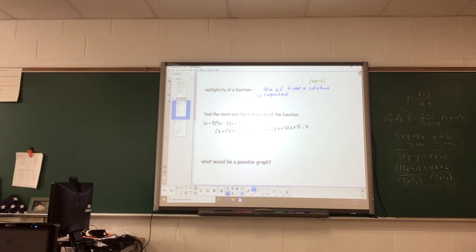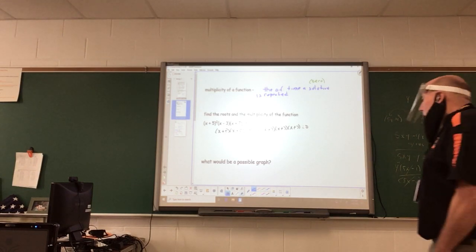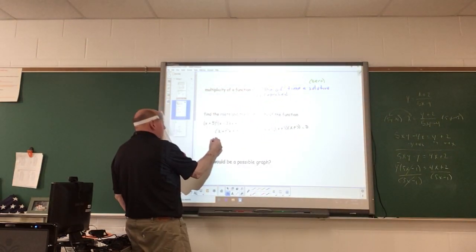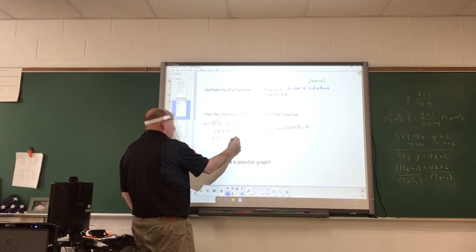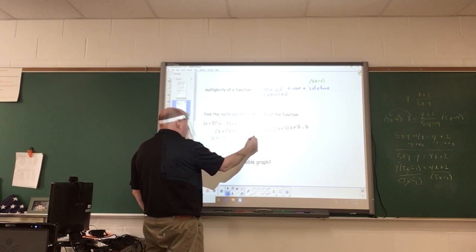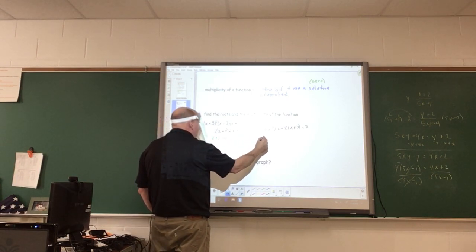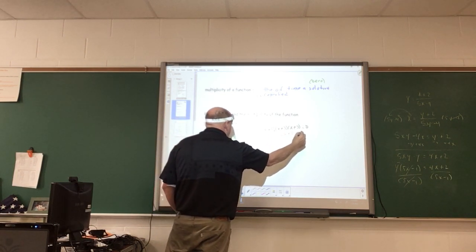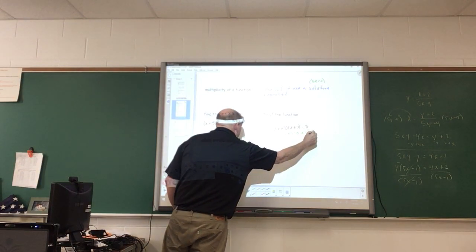Now, utilizing our multiplication property of 0, each one of those things could equal 0. So x plus 5 could equal 0, x plus 5 could equal 0, x minus 3 could equal 0, and x plus 7 could equal 0, three times.